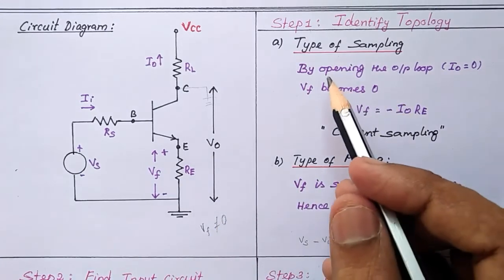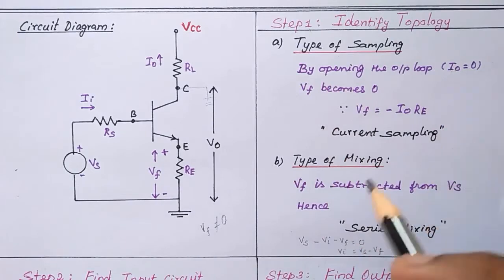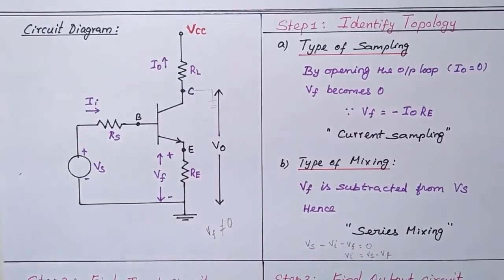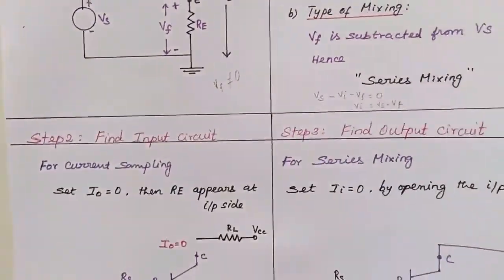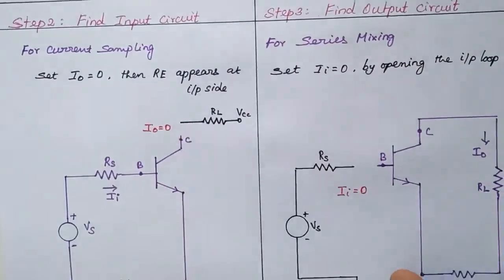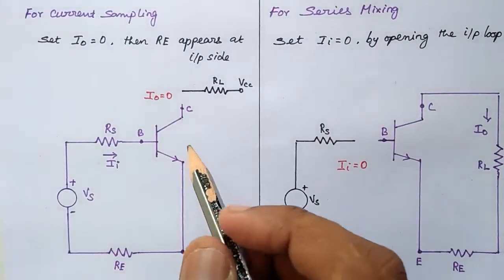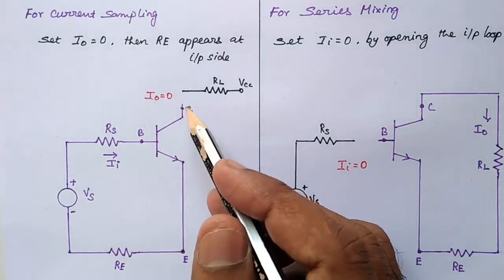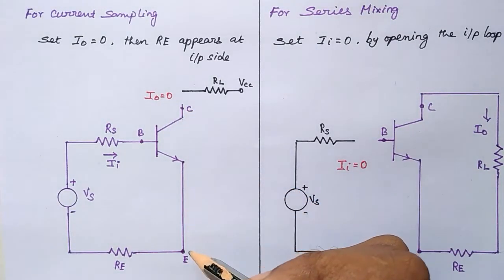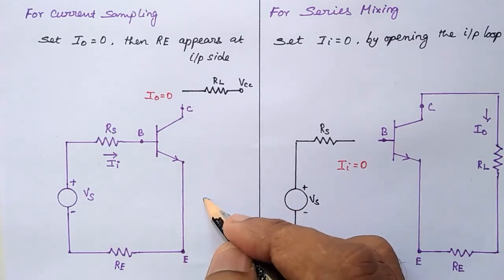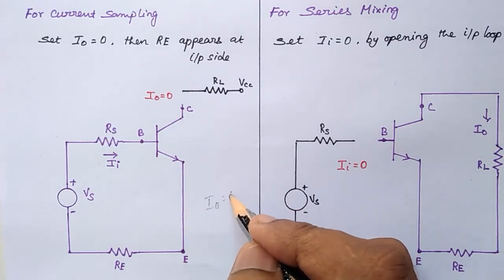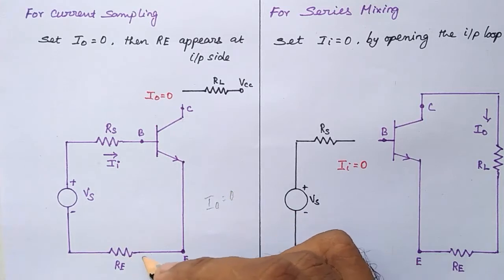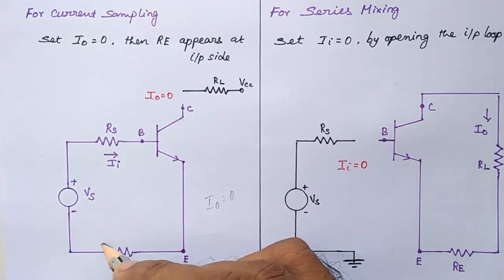Next I try by opening the output loop. Let us show in this diagram. Here I am opening the output current loop, hence no current flows through the emitter. Then I0 becomes 0, hence at this terminal we have a potential.